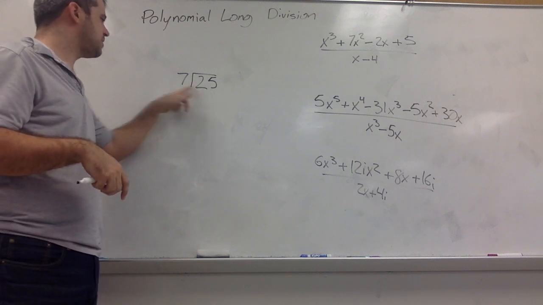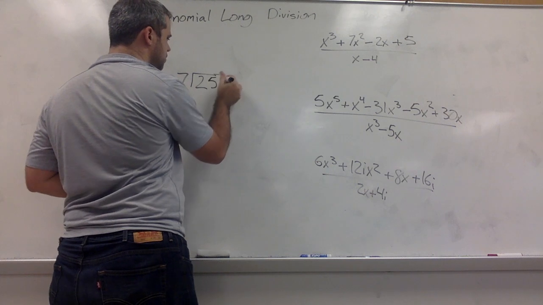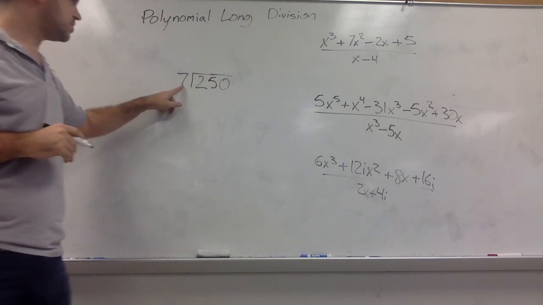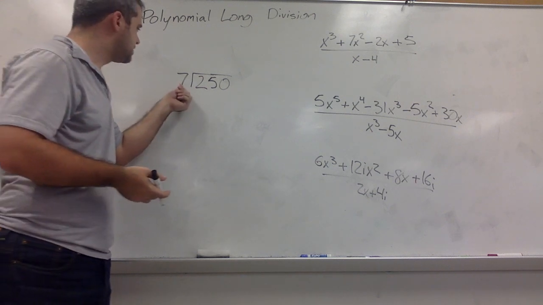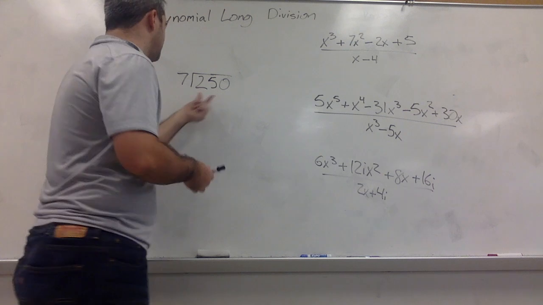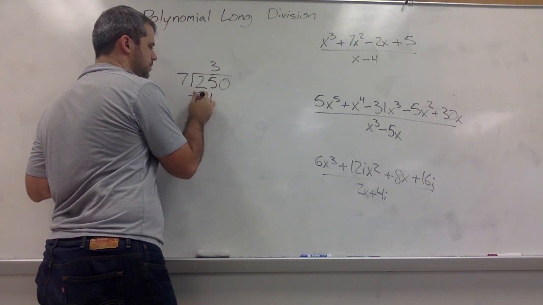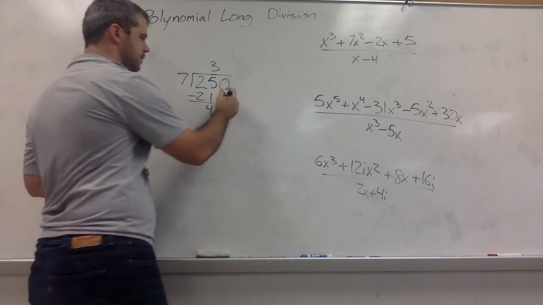So let's say we've got 25 divided by 7. Or let's do a little bigger. We'll do 250 divided by 7. So 7 goes into 2 no times. 7 goes into 25 3 times. So we get 21. And we have 4 left over.